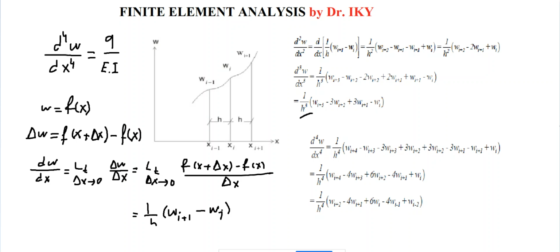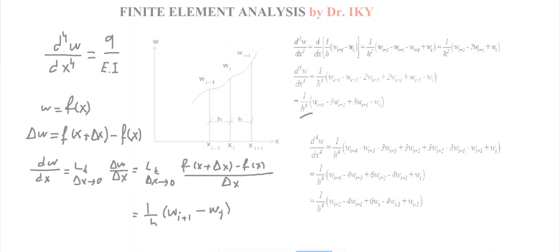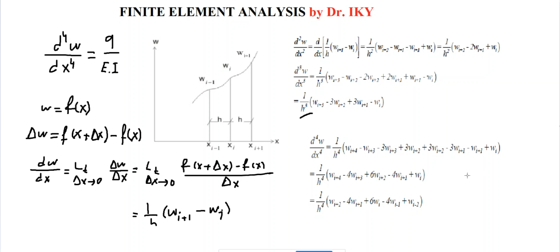Yeah, after that, we can write the finite difference form, not finite element, because these are the basis of finite difference. And let me show you this one. And this is the description of finite difference.